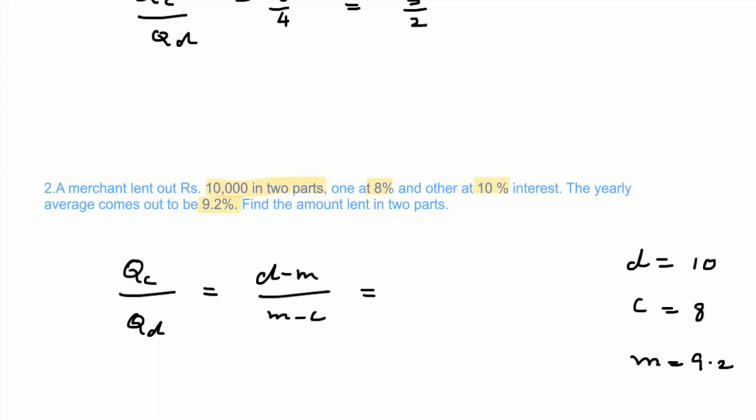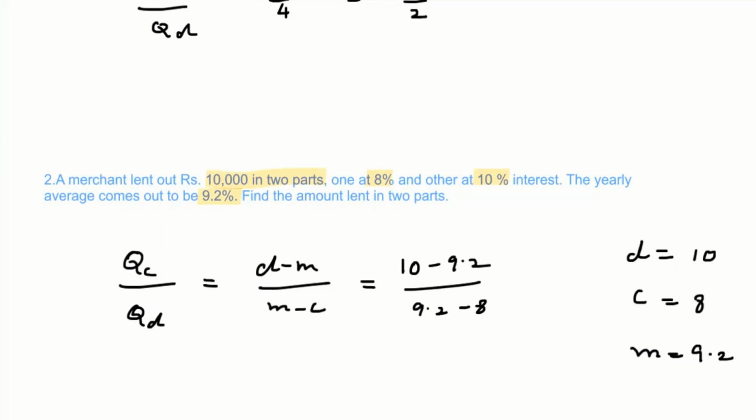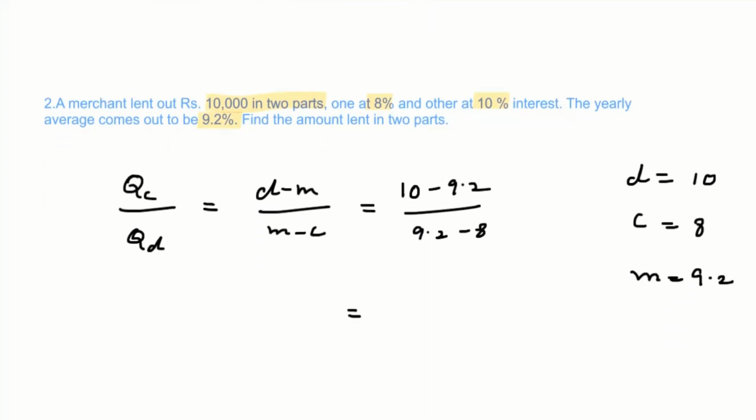Just substitute as per the formula. So it becomes 10 minus 9.2, which is 0.8, divided by 9.2 minus 8, which is 1.2. That is 2 is to 3. If I simplify, the ratio is 2 is to 3.